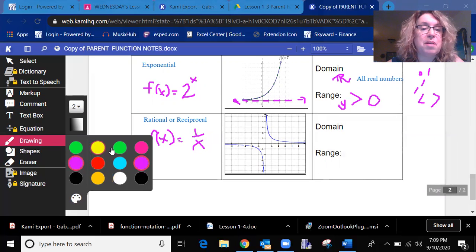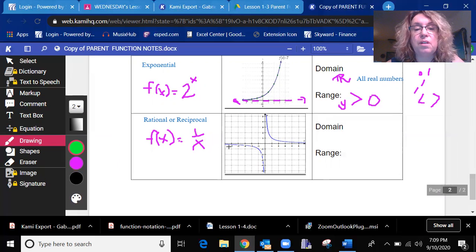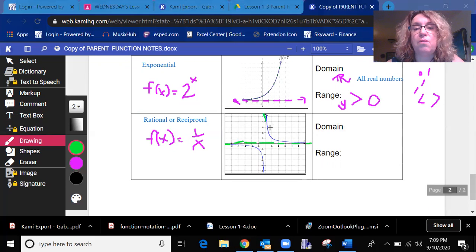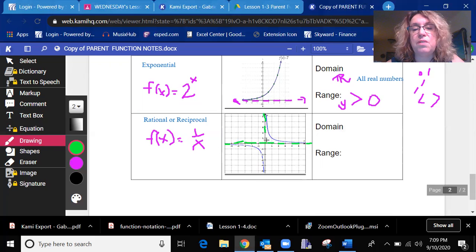Now what this has here, and maybe I'll put it in a different color, is it also has these invisible lines. So there's an invisible line going horizontally, and an invisible line going vertically. And they represent places where the number is not. So if I look how far to the left, and I'm focusing, here's the function part right here, and it goes left forever.